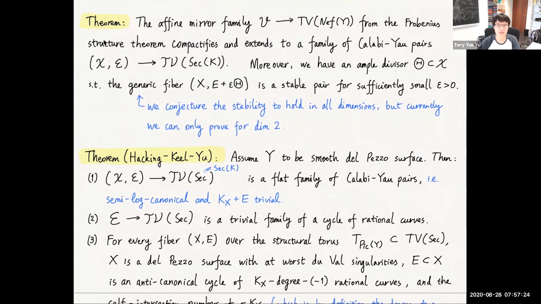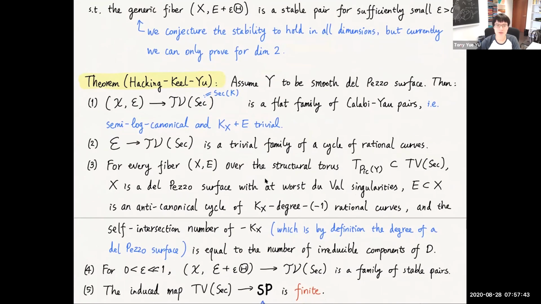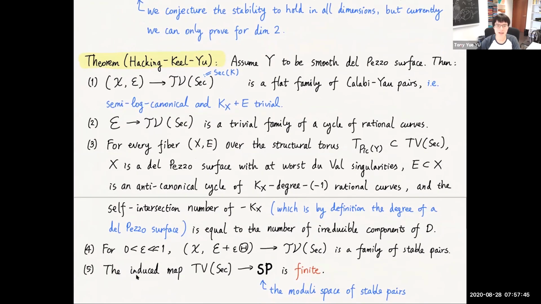We have the first theorem describing the singularities of the compactified and extended family. And in dimension 2, we have much more detailed control over the singularities, and we show that actually we obtain a family of polarized Calabi-Yau pairs, and the map to the space of stable pairs is a finite map.